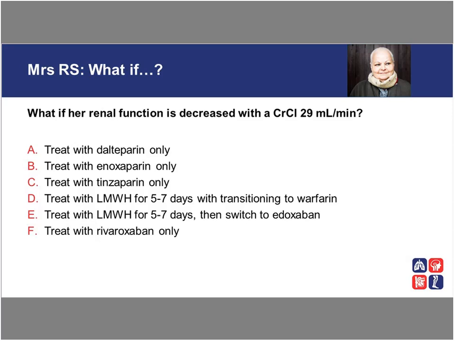And the other question is, how often do you check anti-Xa? So I generally will check when I start the patient, upon starting them on low molecular weight heparin, in the first 72 hours of initiation, and then I'll do it 1 week later.